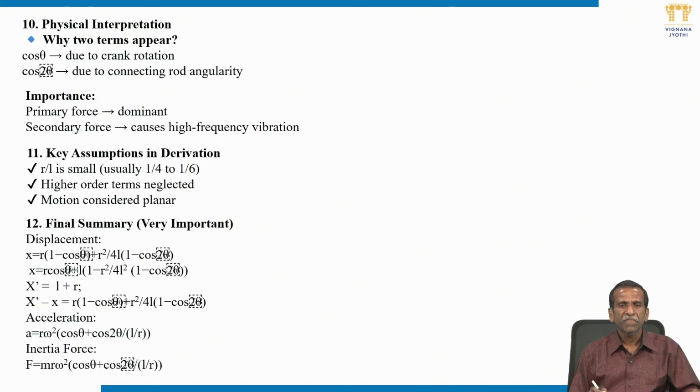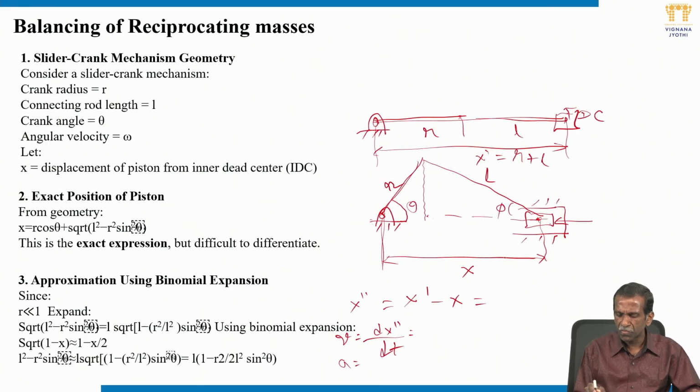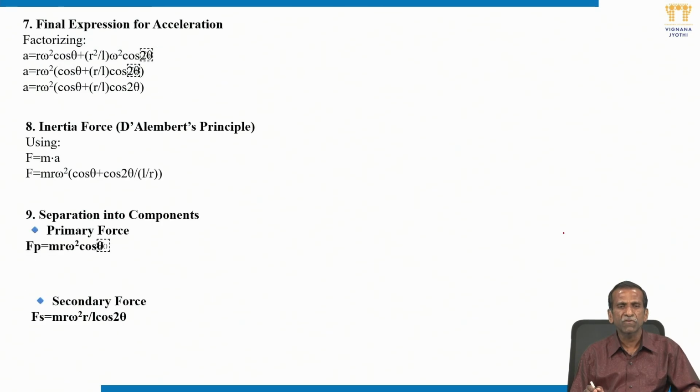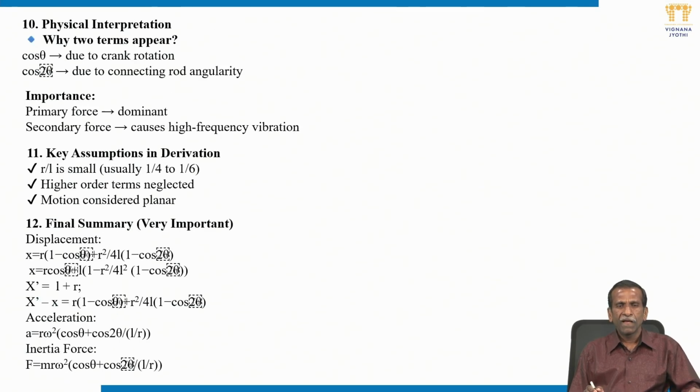So x dash is L plus R when the piston is at top dead center, and x dash minus x is the position I have just shown. This is the position x of the piston. Then the amount of displacement given to the piston is x dash minus x, which equals r into 1 minus cos theta plus r square by 4l into 1 minus cos 2 theta.